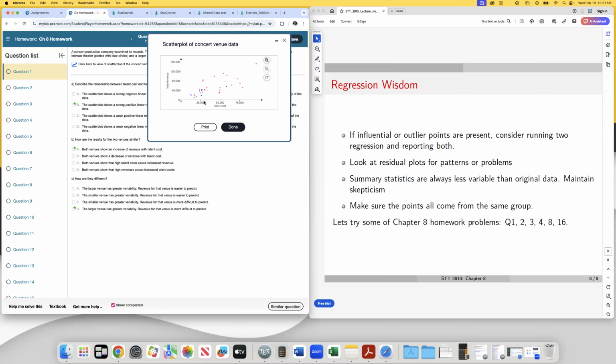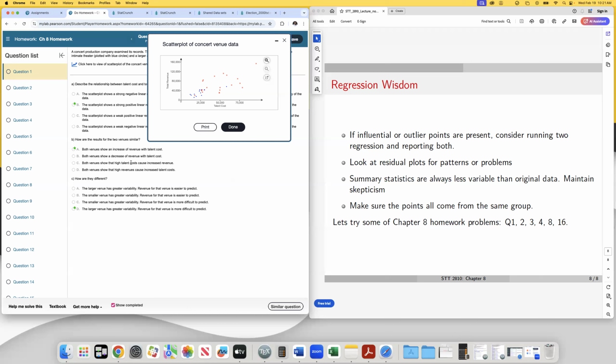Because this is positive, you can see that when there is an increase in talent cost, it also shows an increase in revenue, because you already said that the direction is positive. So you can see B is out.